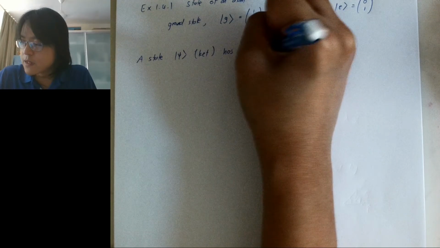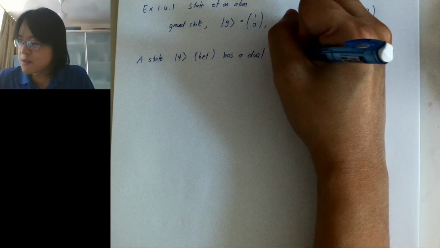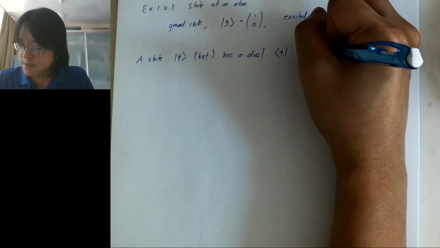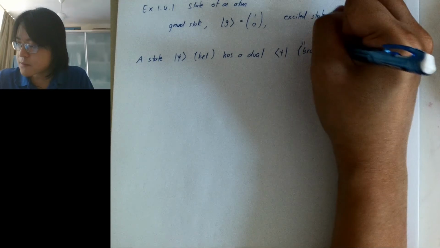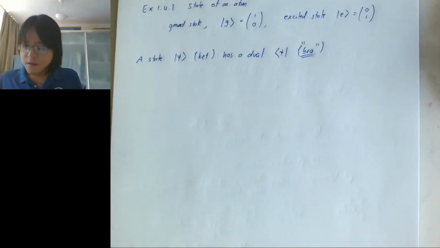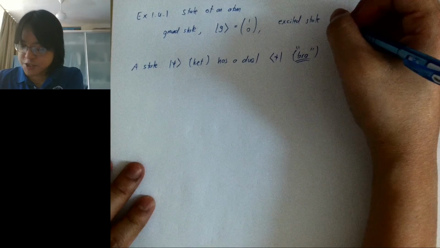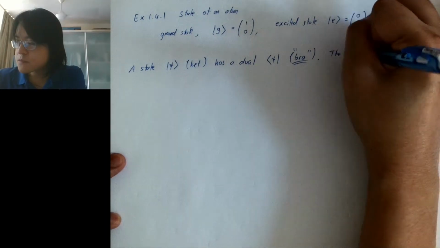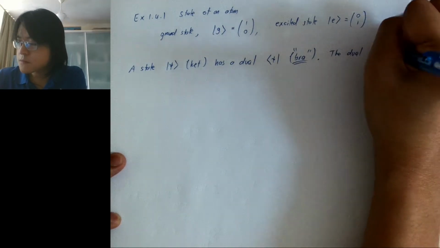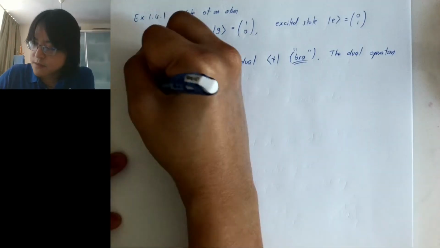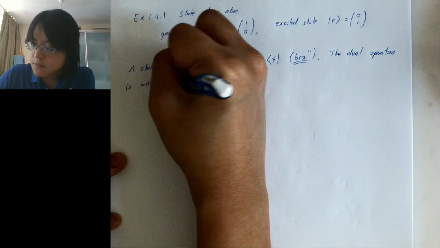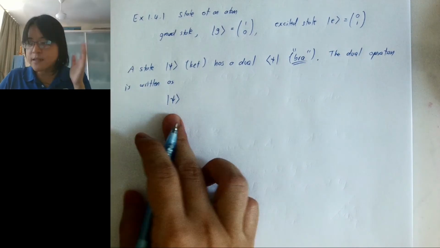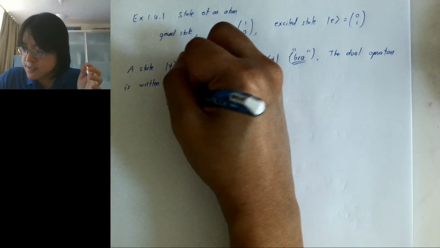Okay, so instead of writing the transpose symbol, I call this psi here, and this is given the name of bra. So the dual operation, instead of transpose, if I have the state ket and want to take the dual, I will use this symbol.